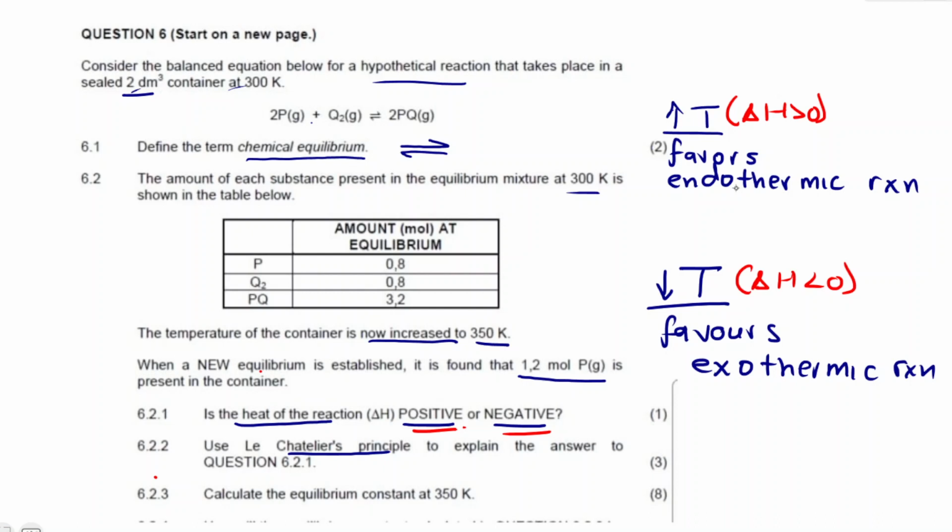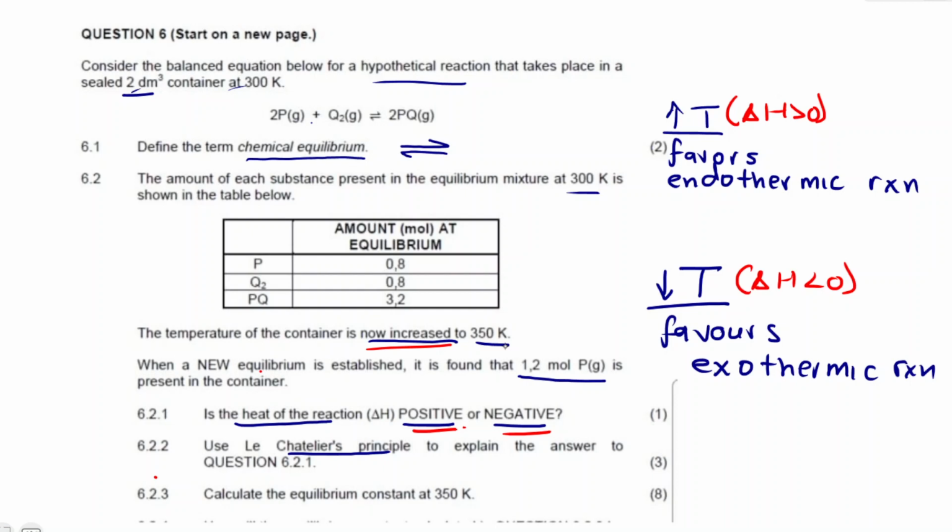The temperature of the container is now increased to 350 Kelvin. When the new equilibrium is established, it is found that 1.2 mole of P gas is present. Now remember, the reaction here, 2P, was 0.8 mole previously, and Q2 was also 0.8 mole, and PQ was 3.2 mole.